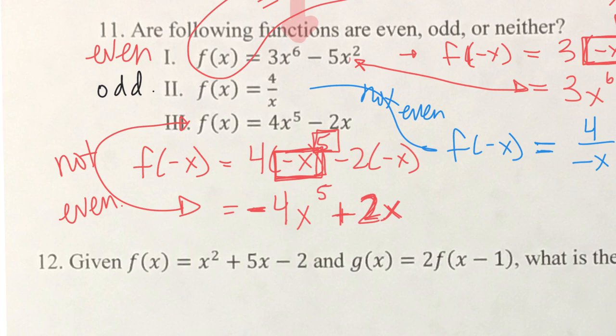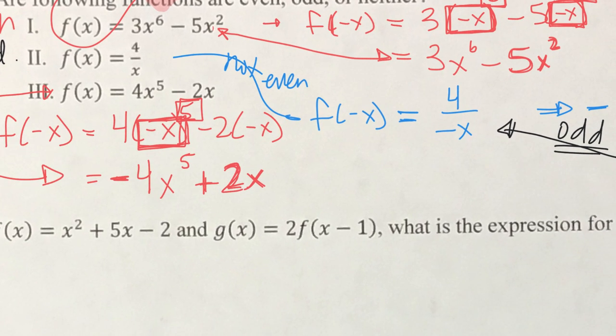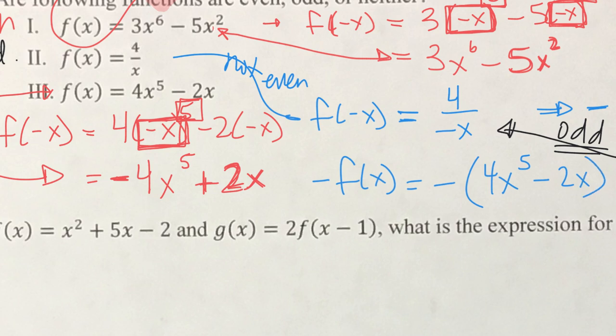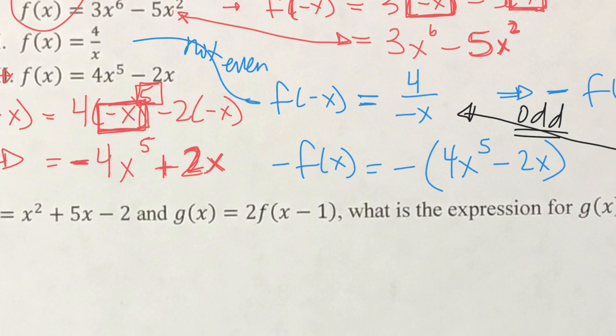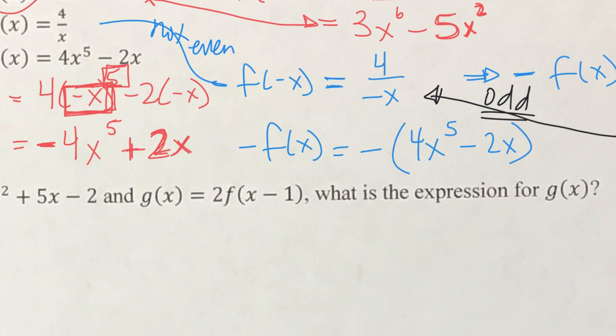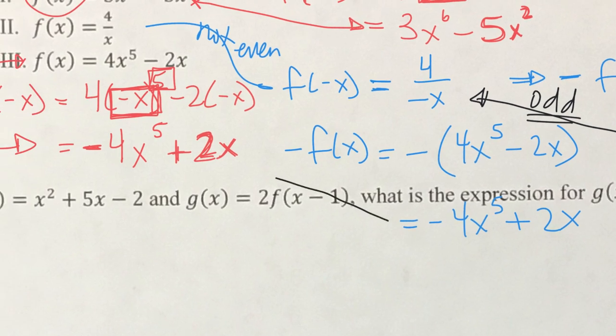So the second thing we do, since it's not even, is we make the entire equation negative. Put a negative in front of everything, so negative of 4x to the fifth minus 2x. Okay, and distribute the negative, and we find out that that's negative 4x to the fifth plus 2x. Right? So now we compare the red equation to your blue equation.